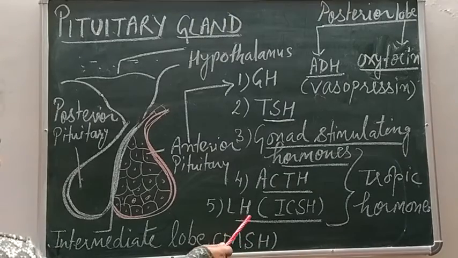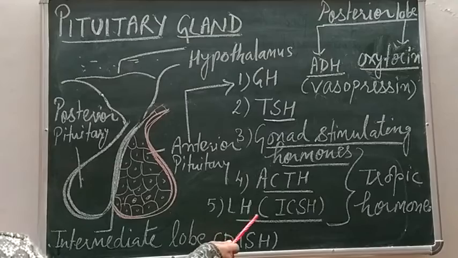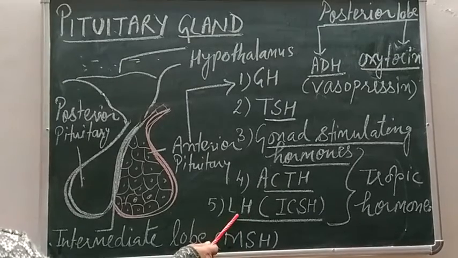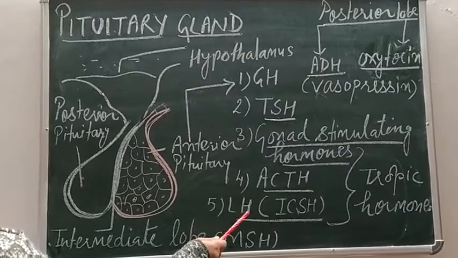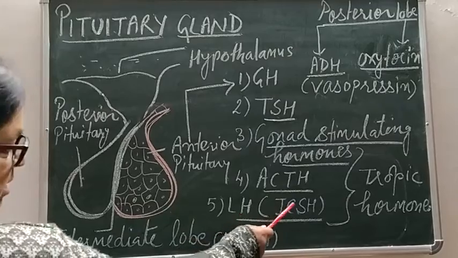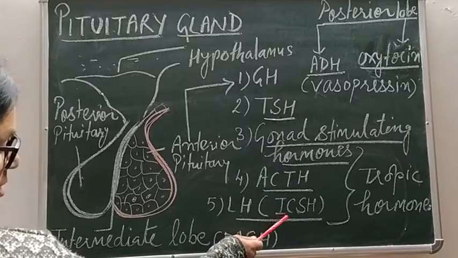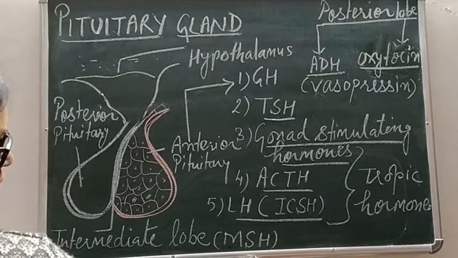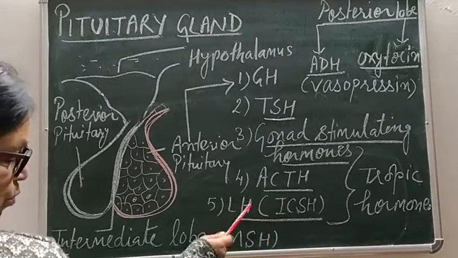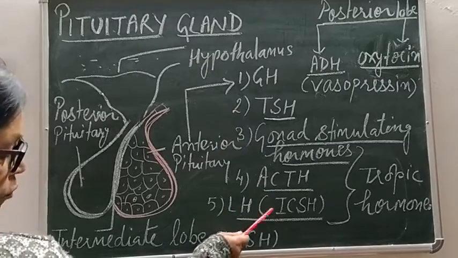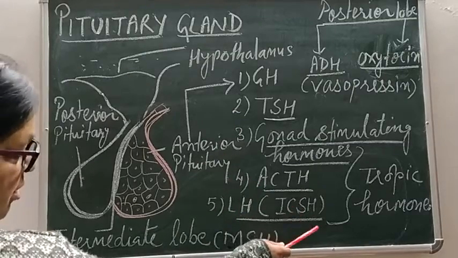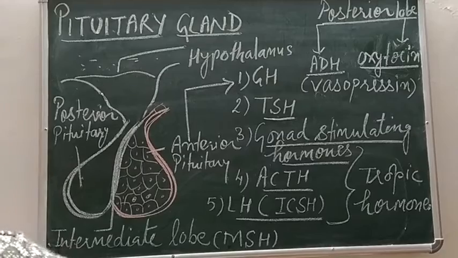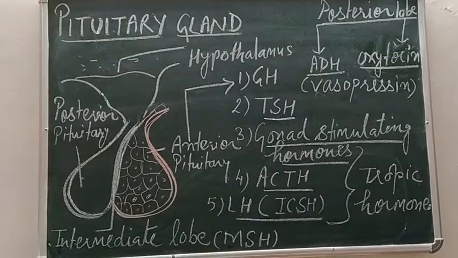In the same way, luteinizing hormone will be stimulating the ovaries for the function of ovulation. ICSH: there are interstitial cells in the testis and they will be secreting the male hormone testosterone. So this hormone will be stimulating the testis to secrete their hormones, and that is why they are called tropic hormones.